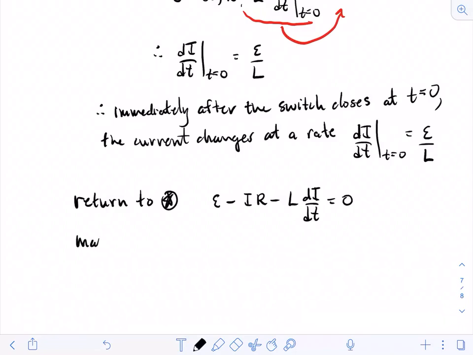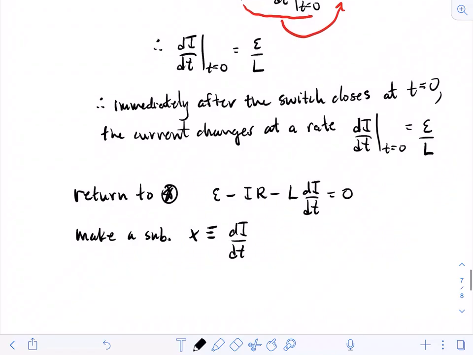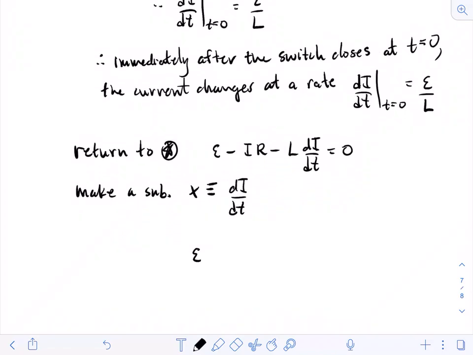Let's make a substitution. X is defined to be di/dt. So if we did that, we'd have battery EMF minus IR minus L times X is equal to 0.